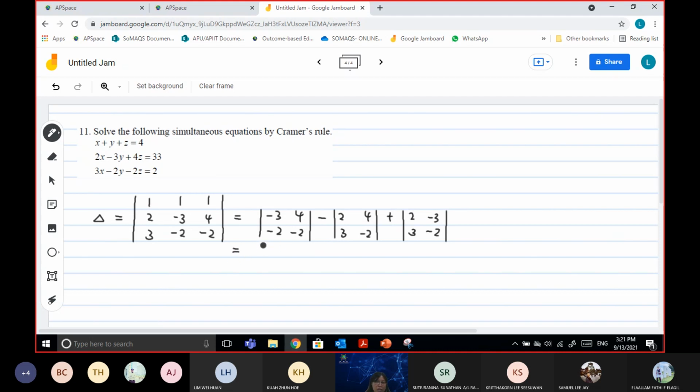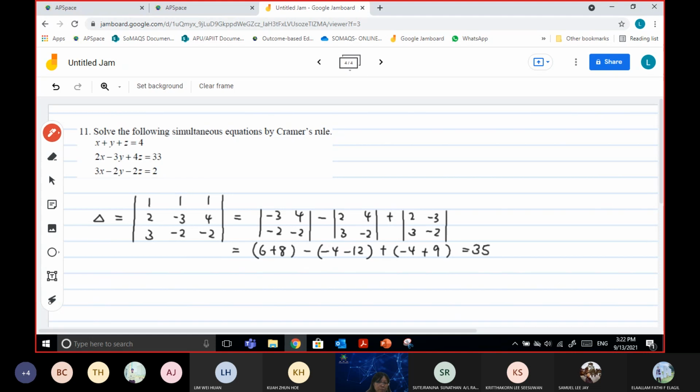So this is 6 plus 8, minus -4 minus 12, then plus -4 plus 9. Then you get the answer. So your determinant is 35.